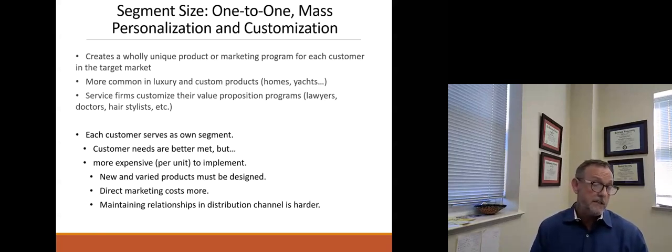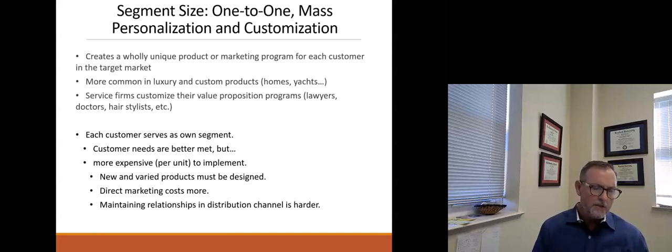On the flip side of it, it's very expensive and really challenging to do from a company's perspective, certainly a cost perspective. It's very expensive to do one-to-one programming for each individual customer. Therefore, we require a high profit margin to be able to absorb those costs.